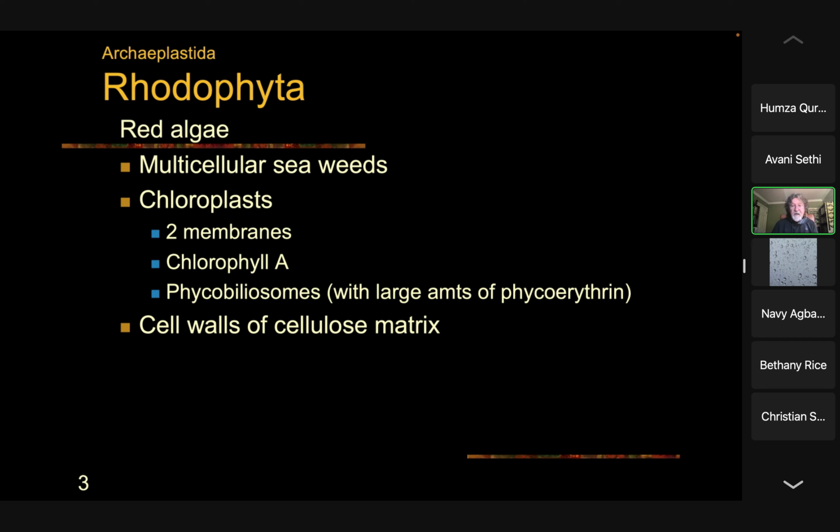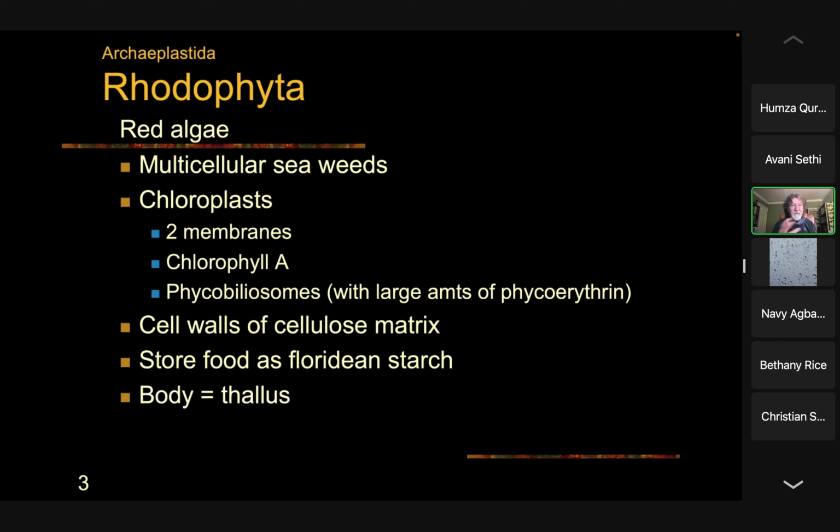They do have cell walls, made of cellulose material, and they have a type of starch that they store outside of the chloroplast, in the cytosol. It's called Floridian starch. It's similar to starch in green plants. Since these are algae, the complete body is called a thallus.